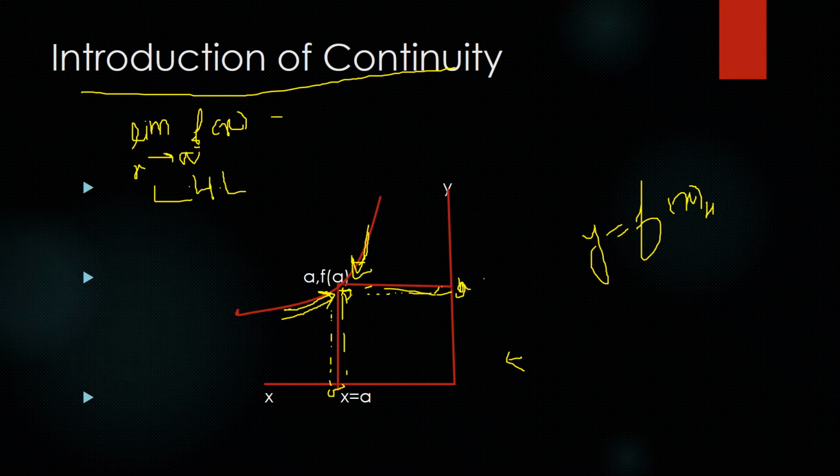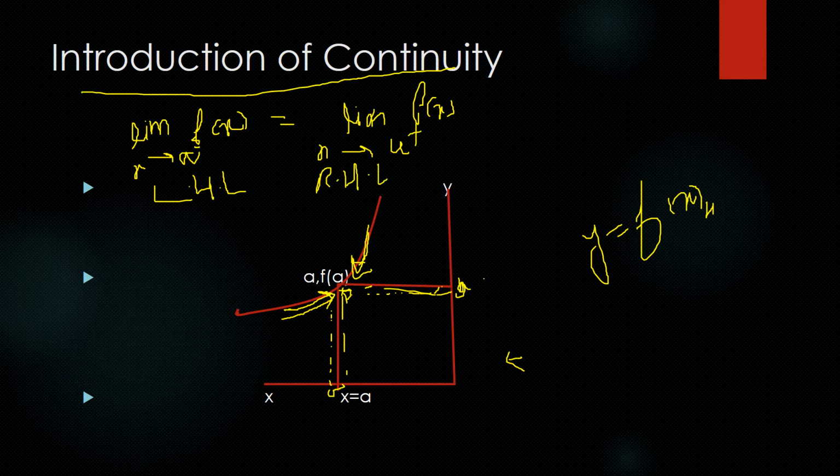So we note it down: limit x tends to a plus of f(x), which is RHL, meaning right hand limit.